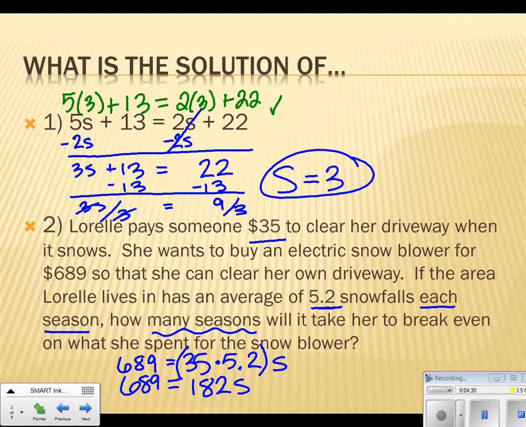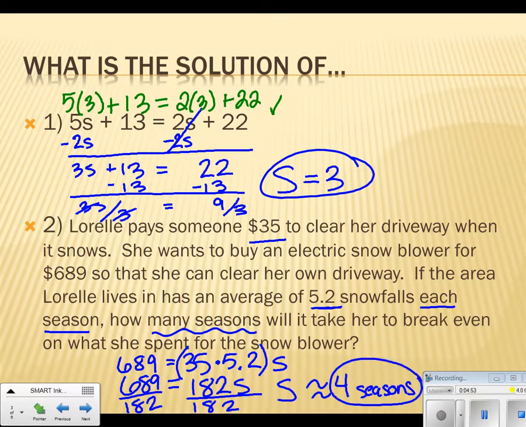Once we simplify this by dividing both sides by 182, 689 divided by 182 gives you approximately, and I actually shouldn't use that equal sign, because we end up with approximately 4 seasons. So she has to think to herself, if it's about 4 seasons, is it worth it?